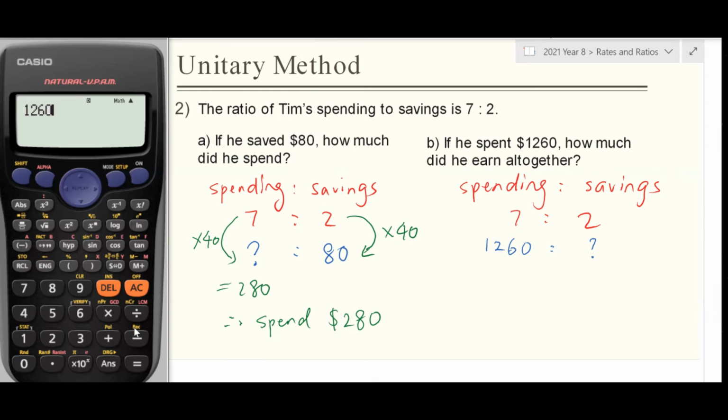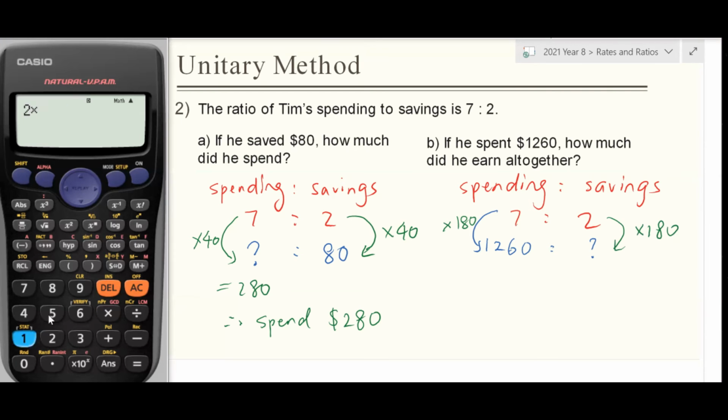So 1,260 divided by 7 equals 180. So in other words, 7 times 180 must give us 1,260.